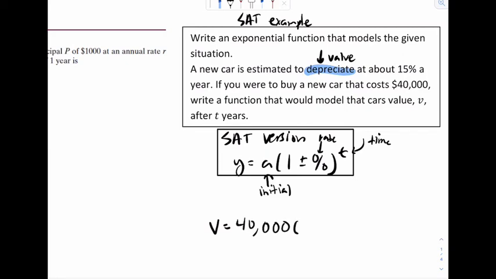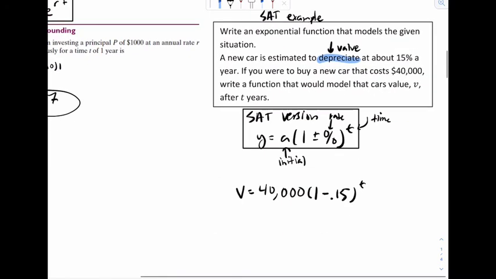And then we're going to multiply that by 1, and it's depreciate, meaning it's going to go down, so minus 0.15. And then it's after t years, which means you get 40,000 times 0.85 to the t.